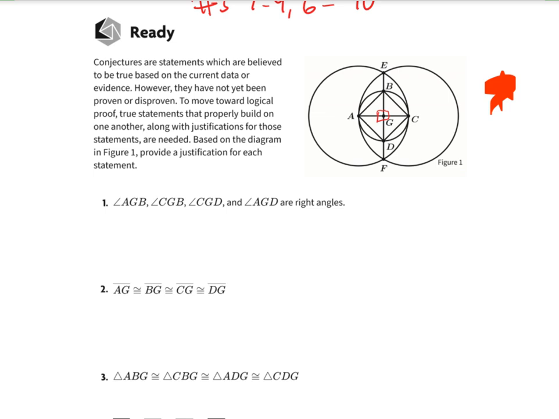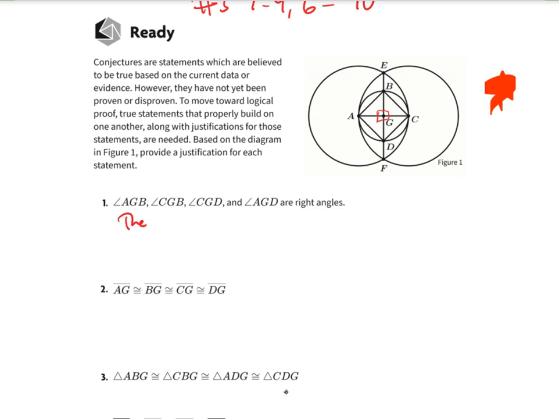Looking at how the diagram was made, it appears to have been made through a construction. So I think that we can say that they all are right angles.